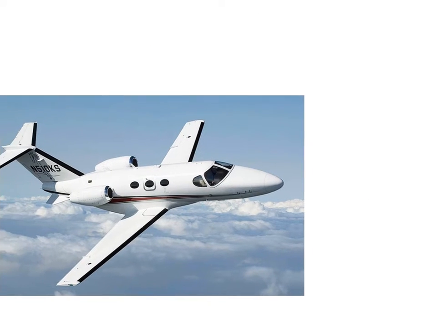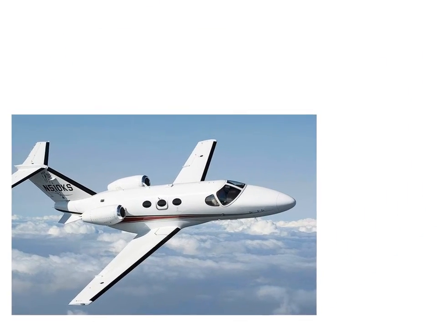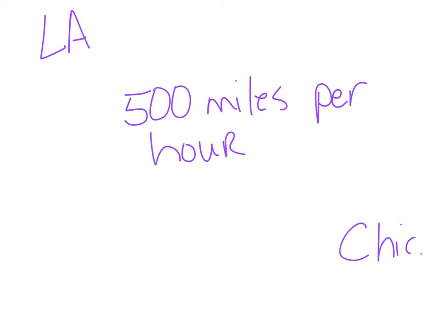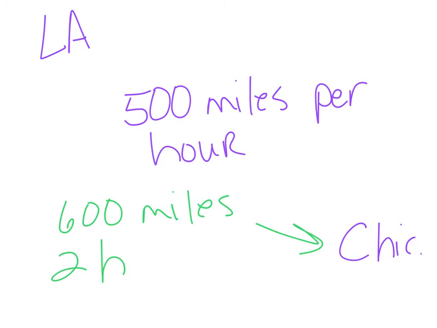Our next example is about a jet. We have a jet pilot who is flying from Los Angeles to Chicago. He's traveling at 500 miles per hour. When the plane is 600 miles from Chicago, an air traffic controller tells the pilot it will be 2 hours before that plane can get clearance to land.